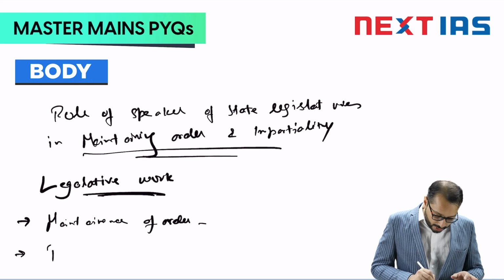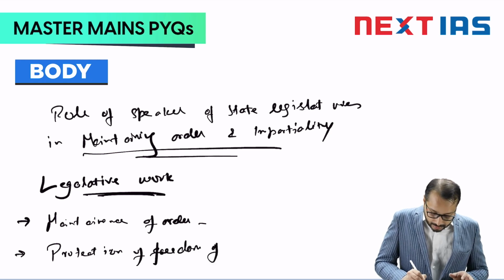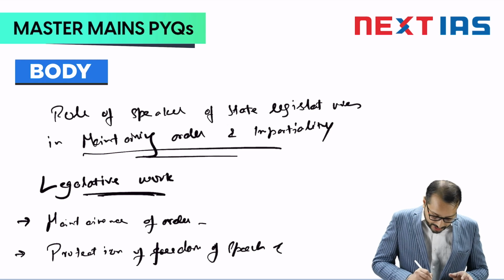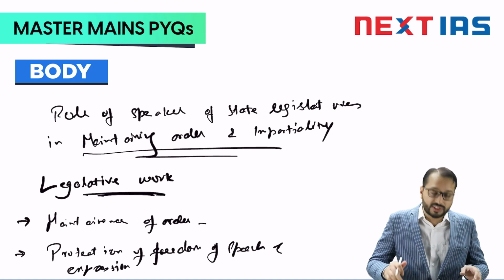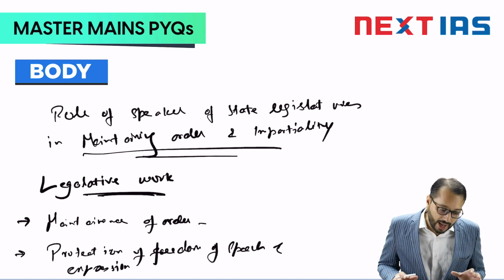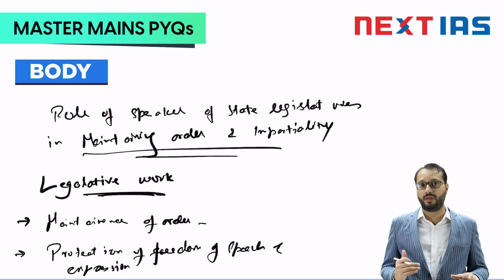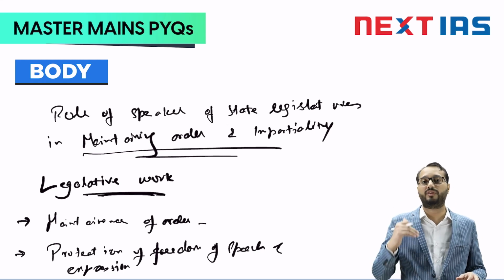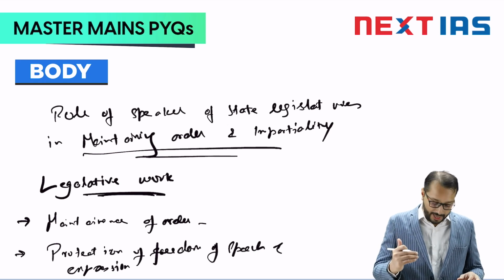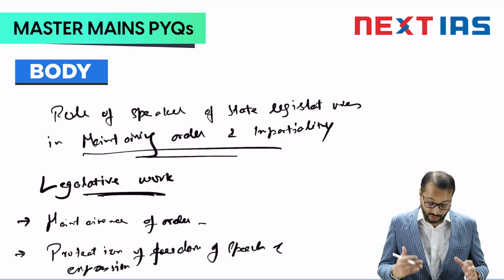The second is protection of freedom of speech and expression, right. The presiding officers are considered the guardians of freedom of speech and expression on the floor of the house, and they are the ones who allocate time for debates and discussions over various issues of public importance, right.